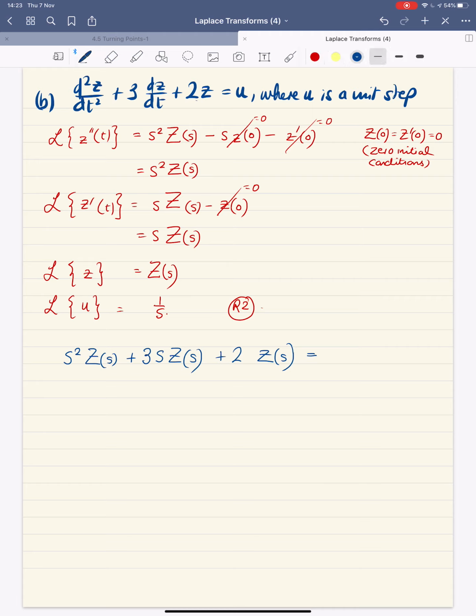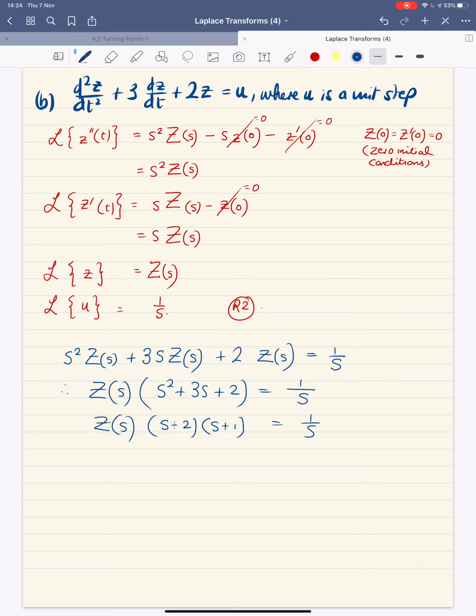And that's got to be equal to u, and the Laplace transform of u is 1 over s. So we have Z(s) times s squared plus 3s plus 2 is 1 over s. Now this factorises as (s plus 2)(s plus 1). So therefore Z(s) is 1 over s(s plus 1)(s plus 2).